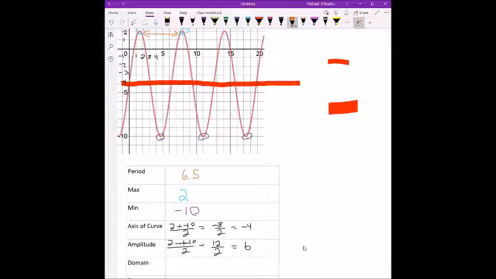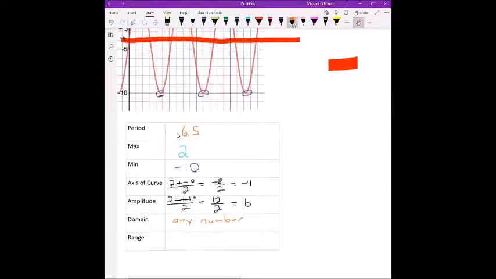Good. Now my domain, these go on forever, right? So I can write any number for my domain. For my range, it's between 2 and -10.